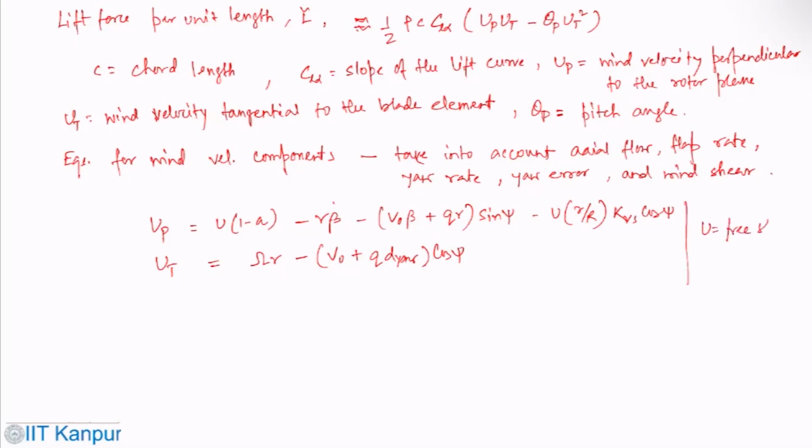U is the free stream velocity, A is axial induction factor, V naught is crosswind velocity, which is due to yaw error.